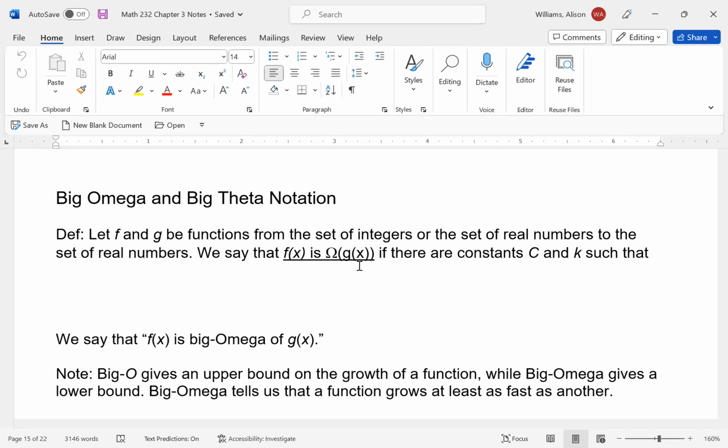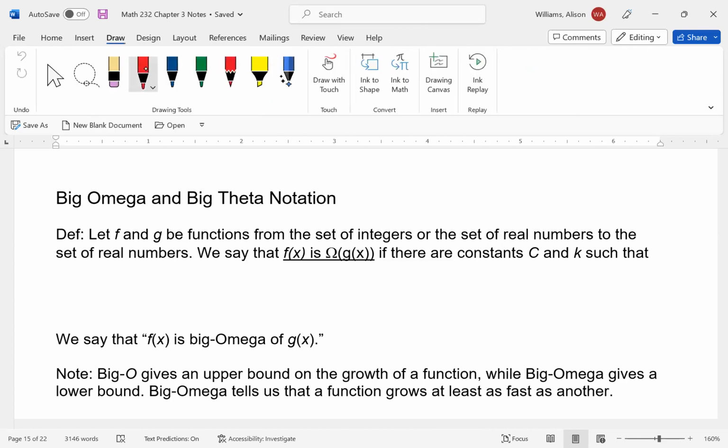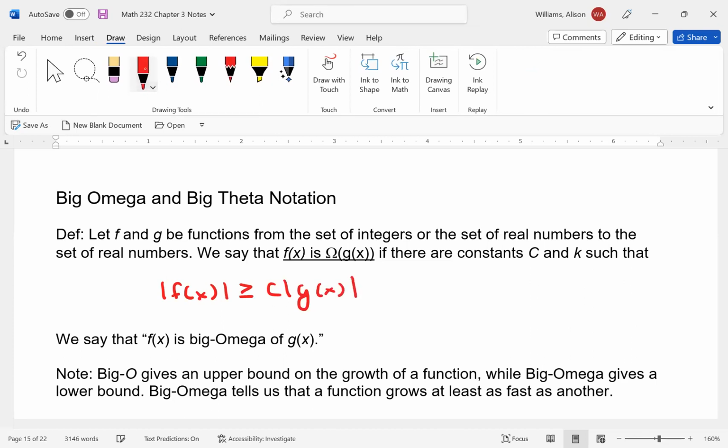It's building on the ideas that we've already discussed with big O notation. So let f and g be functions, either from the set of integers or real numbers to the set of real numbers. We say that f is big omega of g of x if there are constants c and k, where the absolute value of f of x is bigger than or equal to c times the absolute value of g of x whenever x is bigger than k.